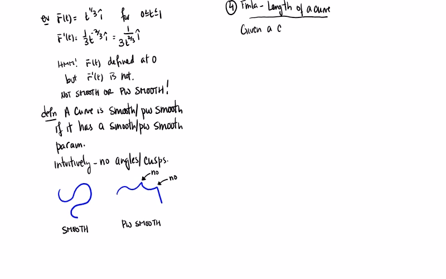So given a curve C with parameterization, C is just the name of the curve, just to give it a letter, with a parameterization R of t for t between A and B, not necessarily 0.